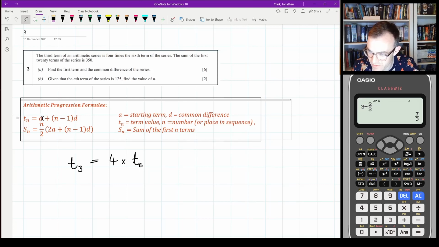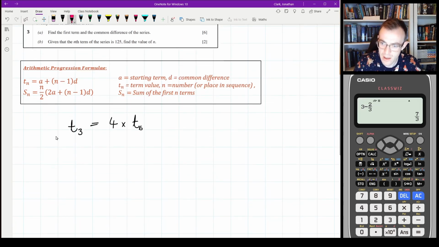The nth term formula for arithmetic is a plus n minus 1 lots of d. So in the case of n is 3, it's going to be a plus 3 minus 1, which is 2d. Similarly, the sixth term will look like this. It's going to be a plus 5d.